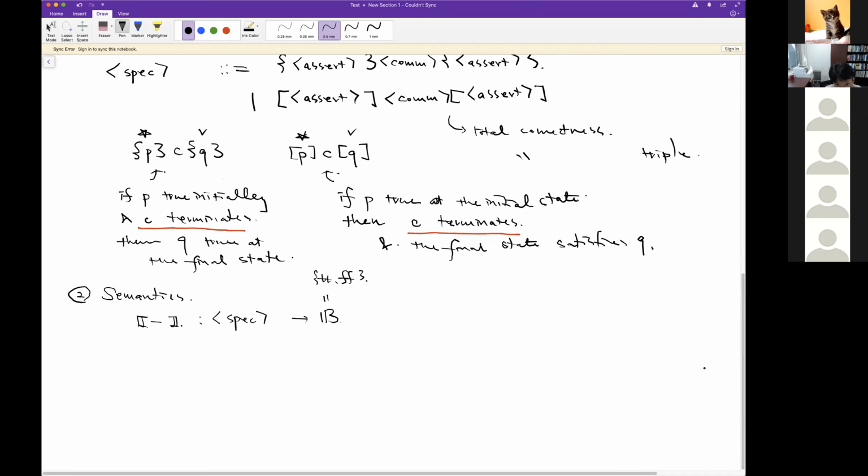So what I will do is write down the intended meaning for partial correctness, and then I will give you 1 minute so that you can write down the semantics for total correctness. Often in the textbook it's written with a spec notation, but I'm going to omit this most of the time.